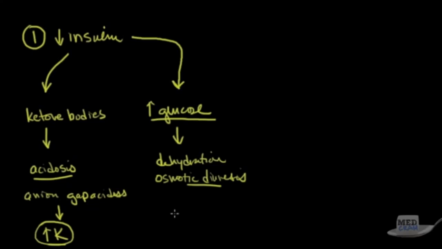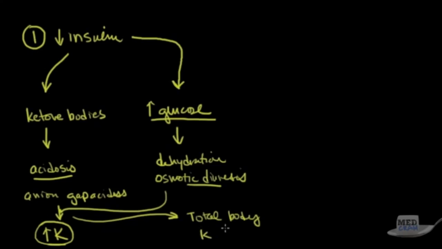And that dehydration is going to do a couple of things. It's going to make all your potassium shift out of your cells and get dumped. And so this kind of then leads back into this, but then as well you get a total body potassium depletion. Even though your potassium level in your serum is high, you're being depleted of your total body potassium.